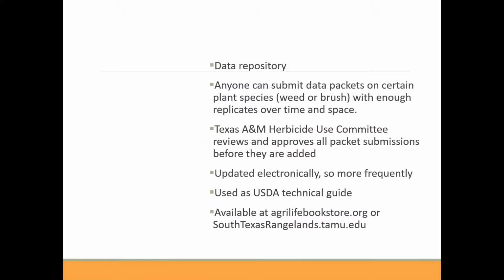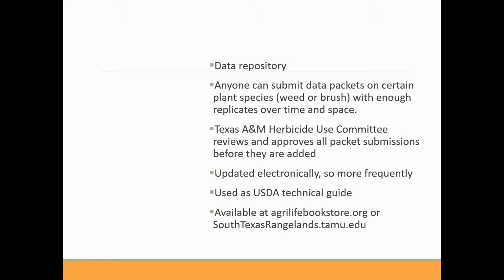So basically, it's a data repository for AgriLife Extension, but for NRCS, it is one of our approved resources for herbicide recommendations. Anyone can submit data packets on certain plant species, weed or brush, with enough replicas over time and space, and then it has to be reviewed and approved by the Texas A&M Herbicide Use Committee before it's added.